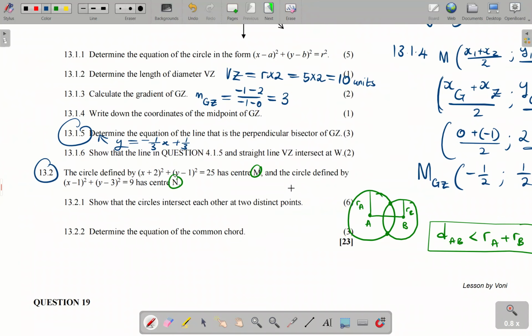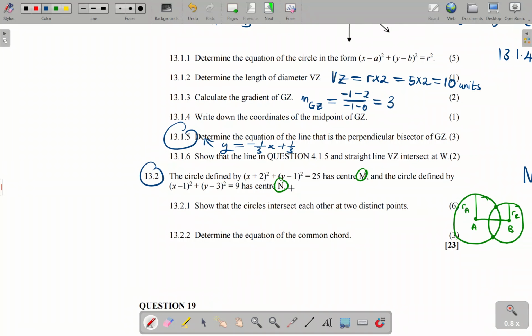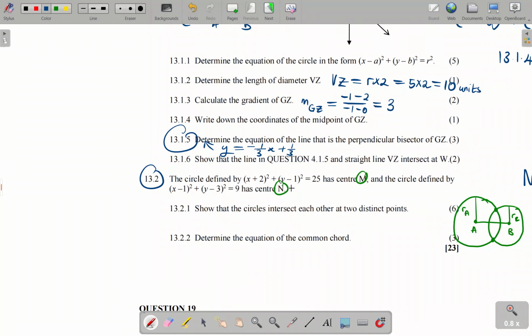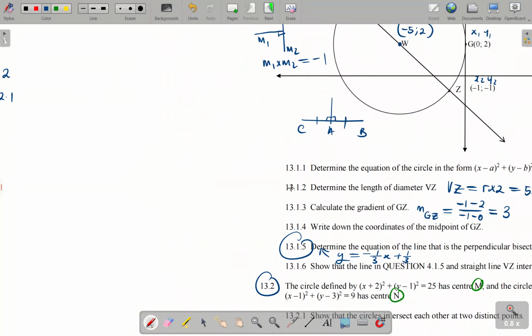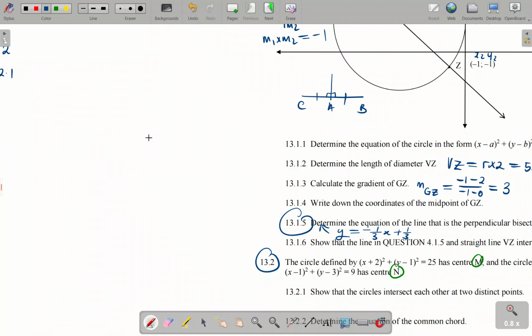Everyone. So now you have to show that the circles intersect each other at two distinct points. So remember, I'm just going to write down those two equations that were given there. We are given x plus 2 squared plus y minus 1 squared, which equals 25.